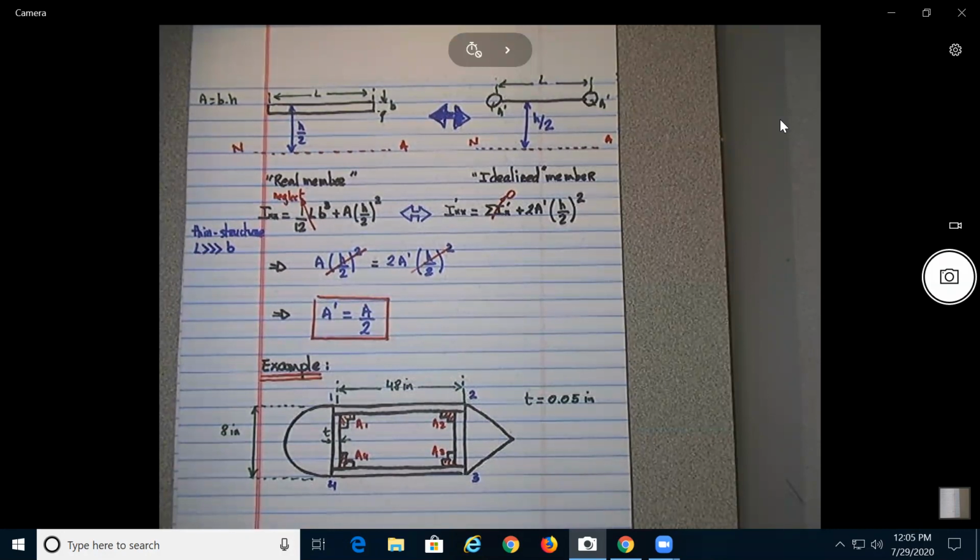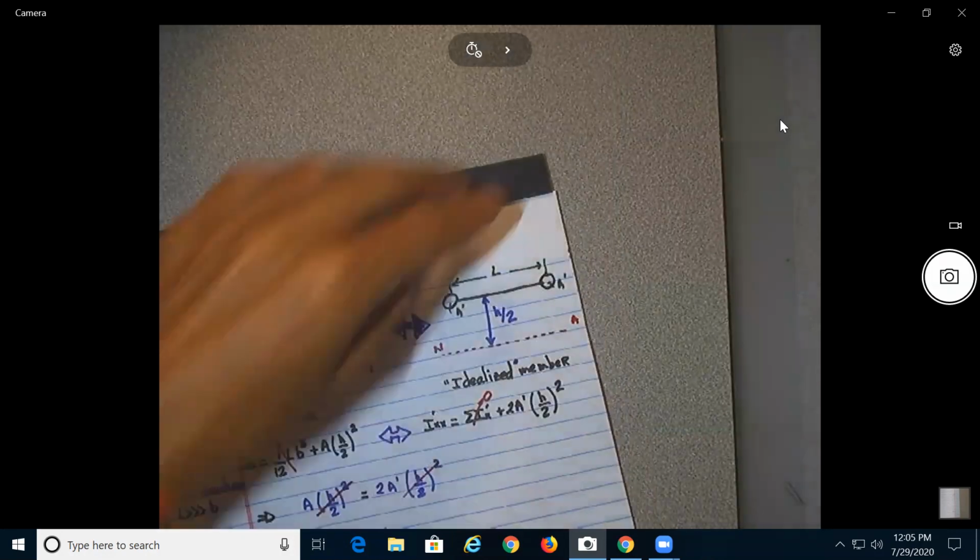So in this example, we're going to need to find two things.